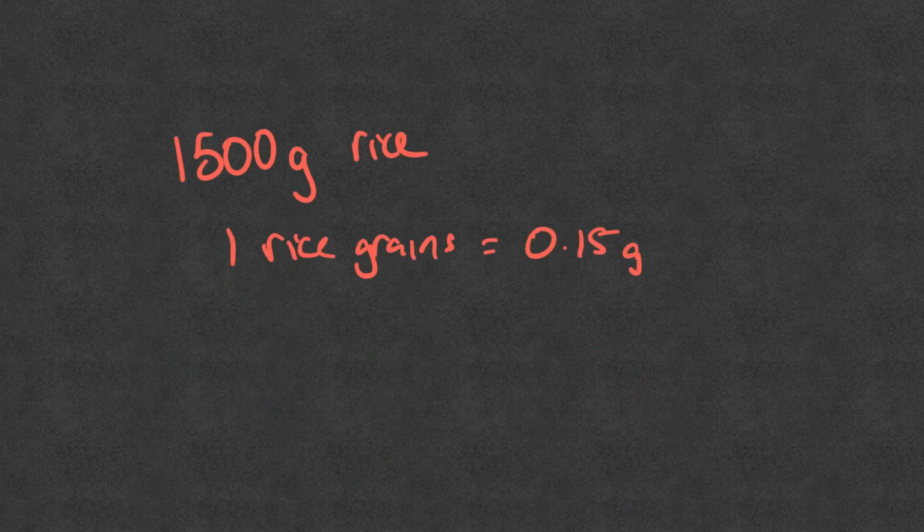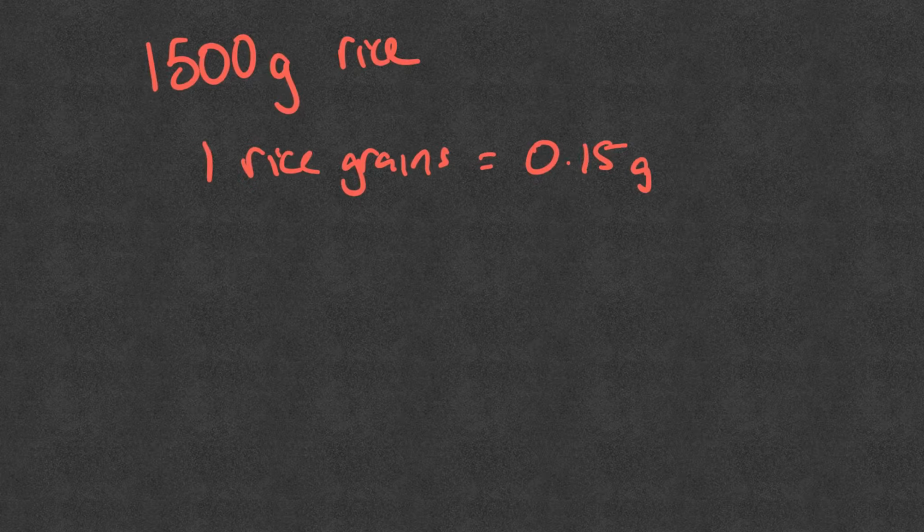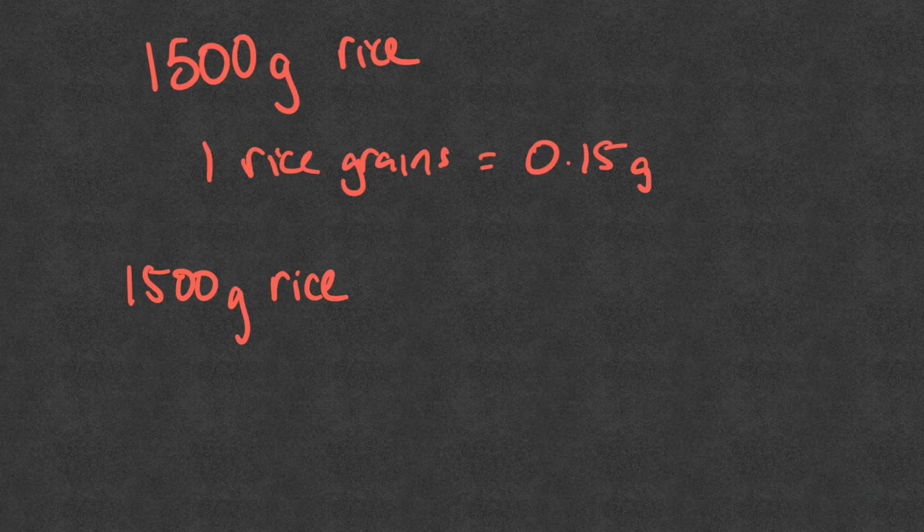Let's go through the simple calculations. We'll use the method of dimensional analysis. We know the total bowl of rice has a mass of 1,500 grams, and we also know that per rice grain is 0.15 grams.